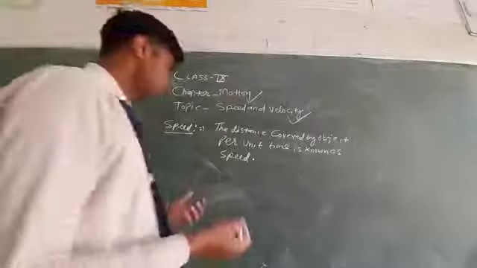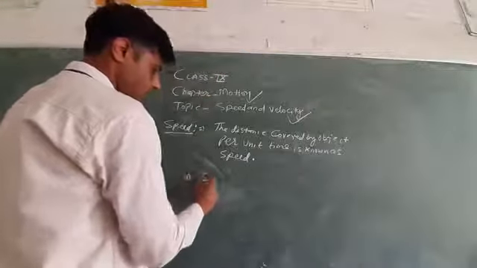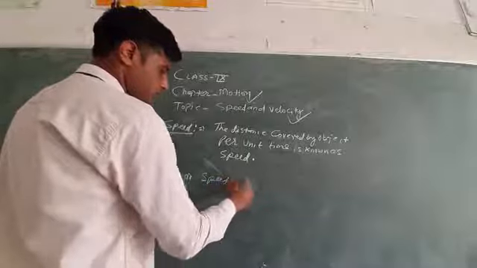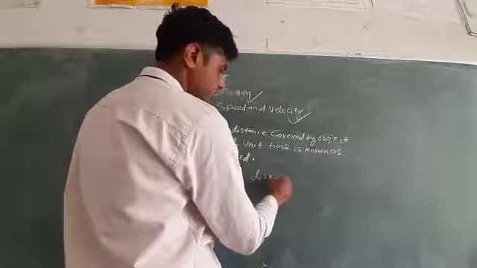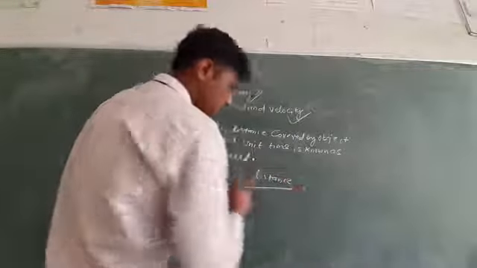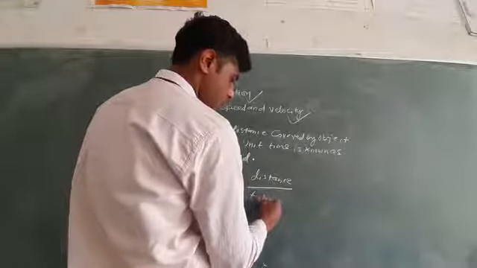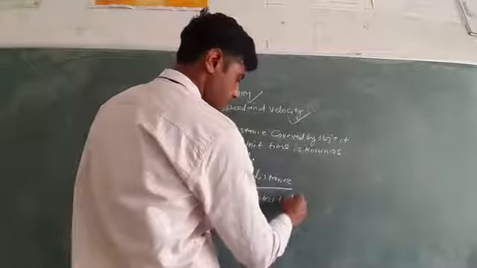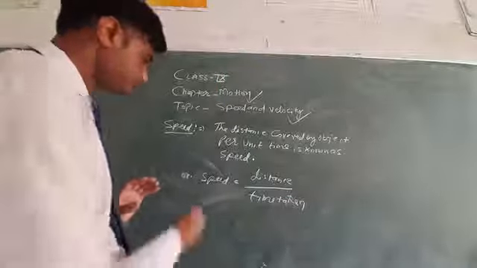Or in other words, you can say when the distance traveled by an object is divided by the time taken, it is known as speed.